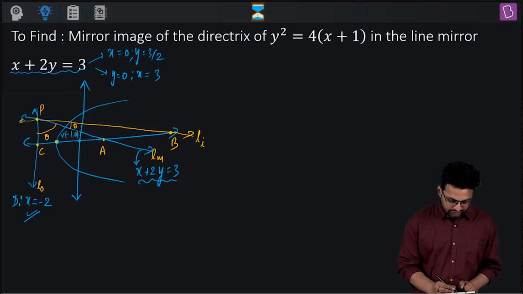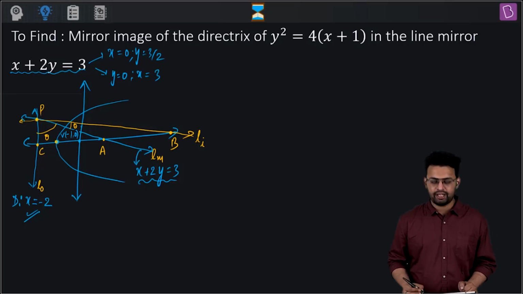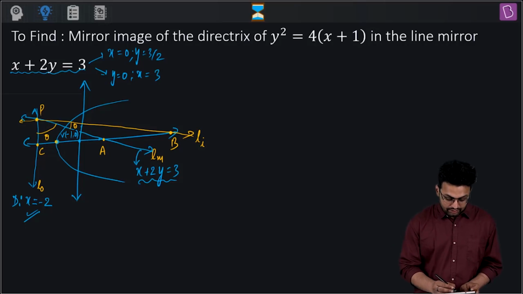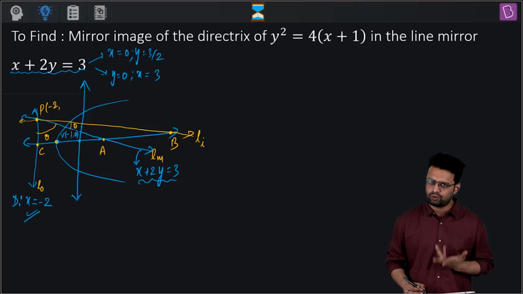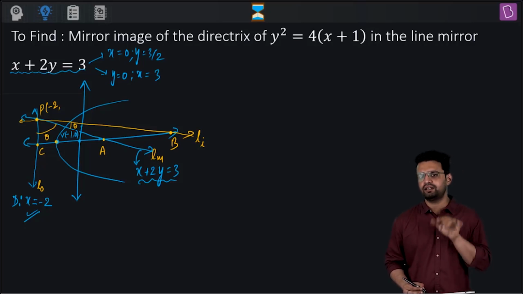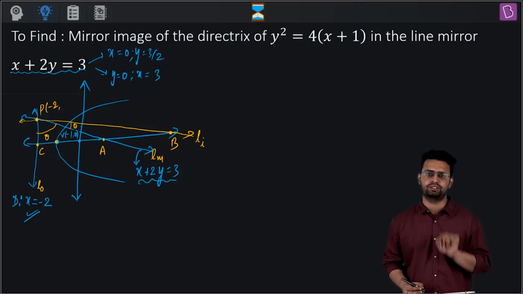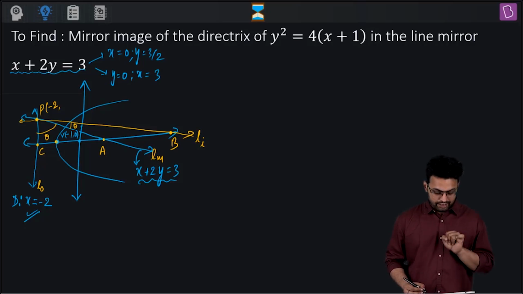What I'm going to do next? One thing which is very clear is that we can determine the coordinates of the point P. The x-coordinate of P is going to be -2. Why? Because it is on the line x = -2. So the x-coordinate is always going to be -2, no matter how you travel vertically on this line. How am I going to determine the y-coordinate?